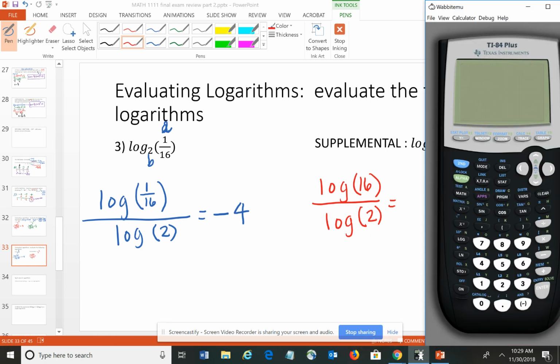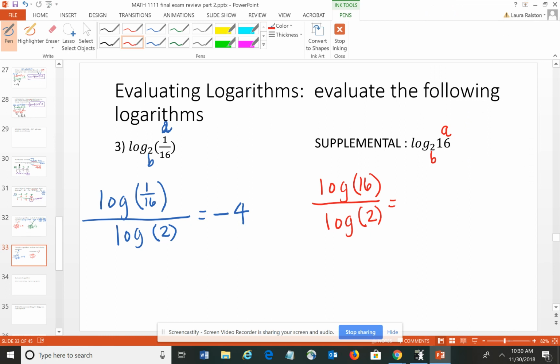And a lot of these you can't do in your head. So log of 16, close the parenthesis, divide log of 2, close the parenthesis, and enter. And that gives us a value of 4. So log base 2 of 16 is 4.